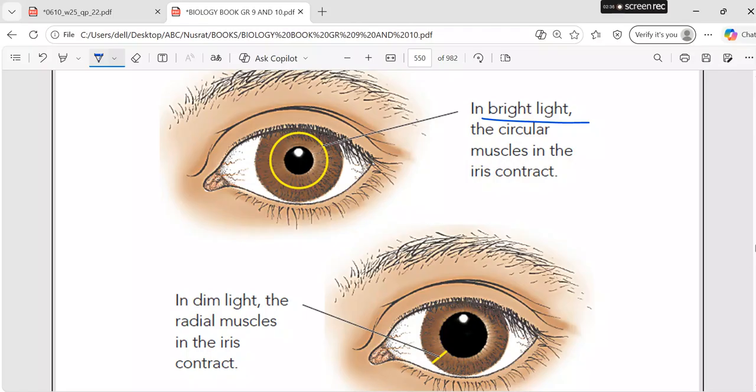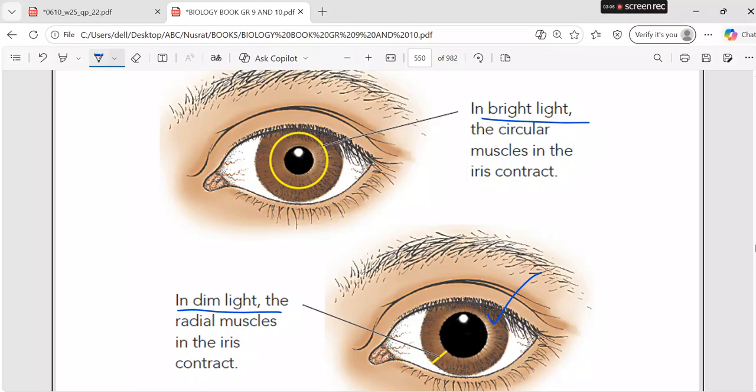And this is called pupil reflex or iris reflex. When we are in the dim light, you can see that the pupil, the middle darker area, becomes dilated, becomes bigger. So this is the main difference between bright light and dim light.